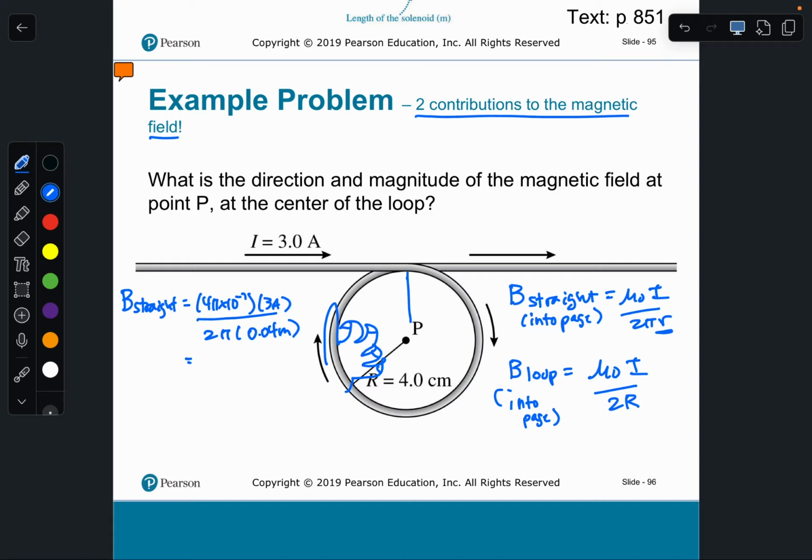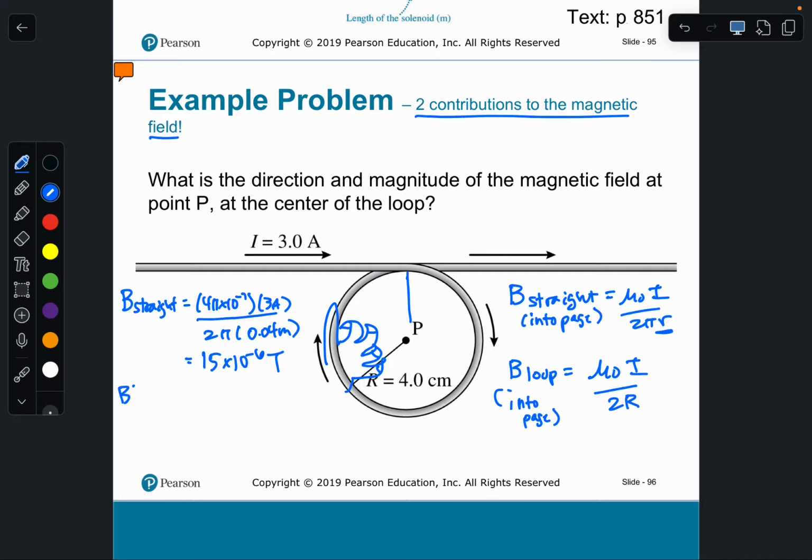So that becomes a 2 times 10 to the minus 7 in the numerator. Okay, so 15 times 10 to the minus 6, or 1.5 times 10 to the minus 5.